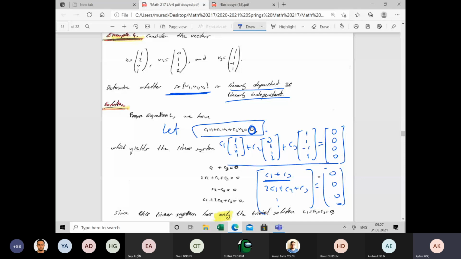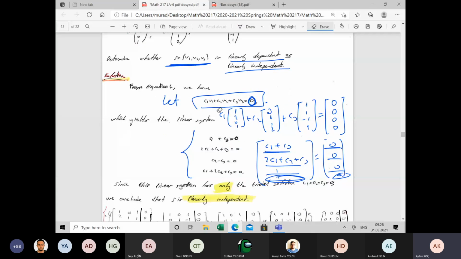So we obtained this system. What can you say about this system? It contains 4 equations and 3 unknowns. The right-hand side is 0, so we get a homogeneous system.